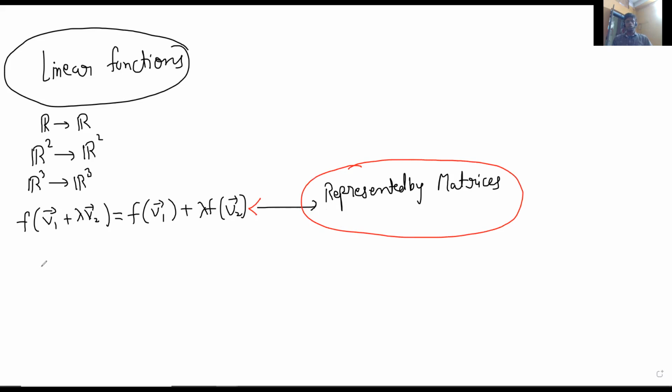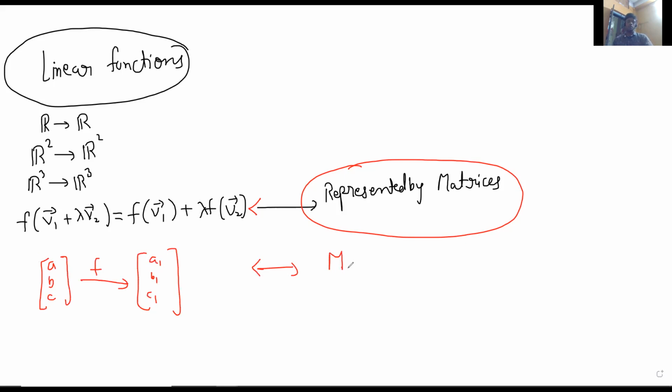What do I mean by this? I'll not say how we did it, but what does it mean? Basically we are saying that if there is this function f which takes v, some column vector, and it goes via f and goes somewhere, say a1, b1, c1, then there is also a matrix for f.